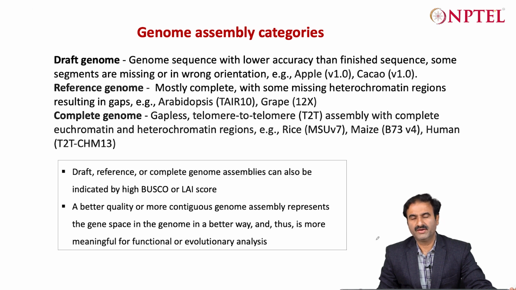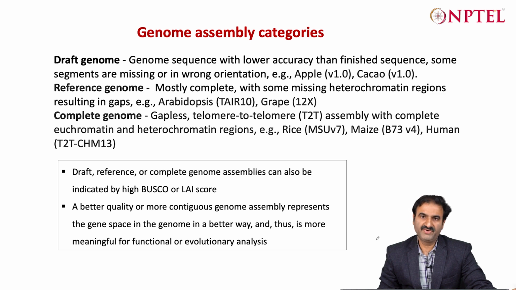And still you have information at the chromosomal level about how the scaffolds were segregated into chromosomes. So that is kind of a complete genome, for example Arabidopsis and grape genomes. Then the real complete genomes in recent times include the human genome, which has come recently, and wheat and rice, because these are of prime importance to us, and human genome sequencing is very important for health and other issues also.